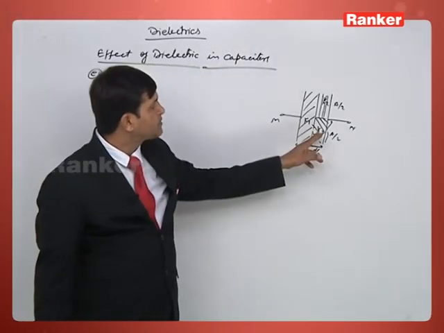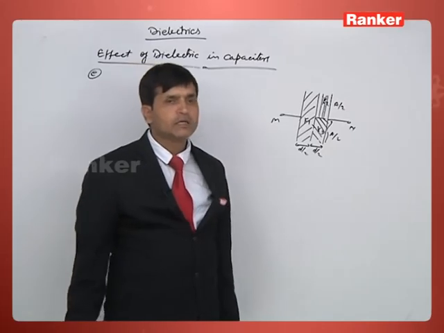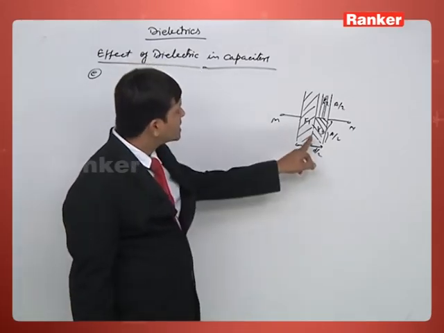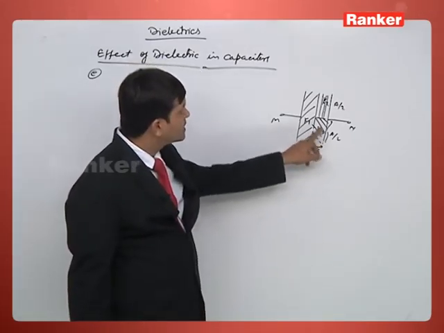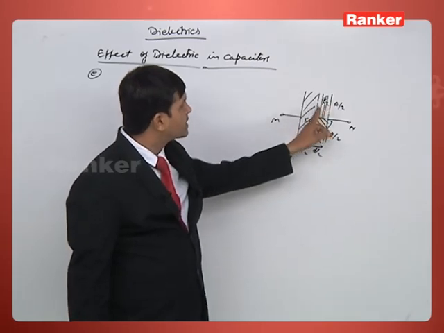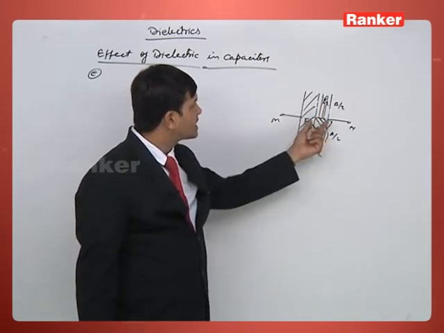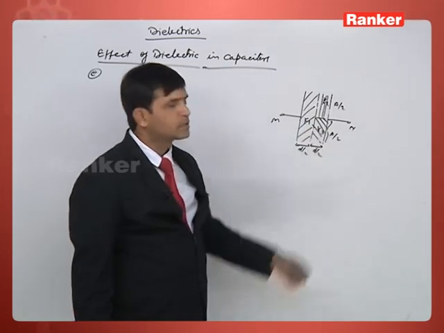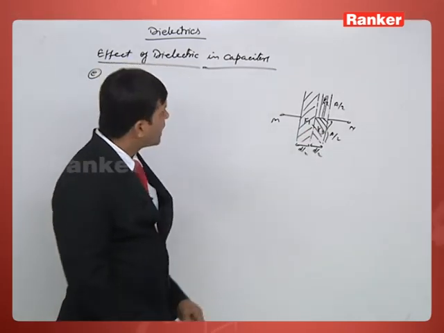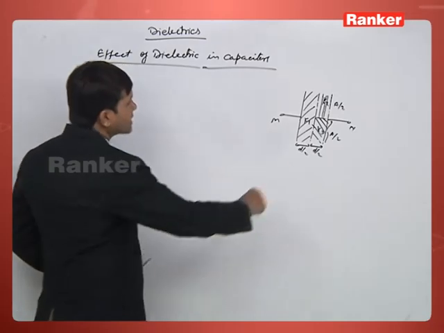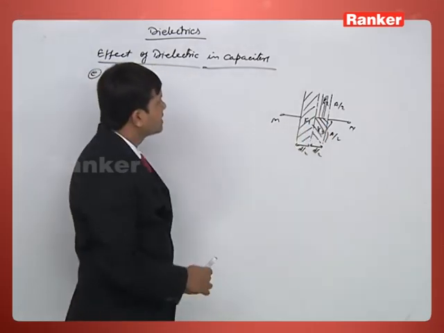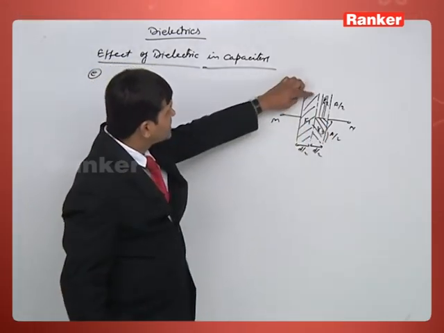The gap is the same, so the electric field should be the same, which is not the same. It means the potential difference between this point and this point are not equal. If the potential differences are not equal, then how can these two be in parallel?